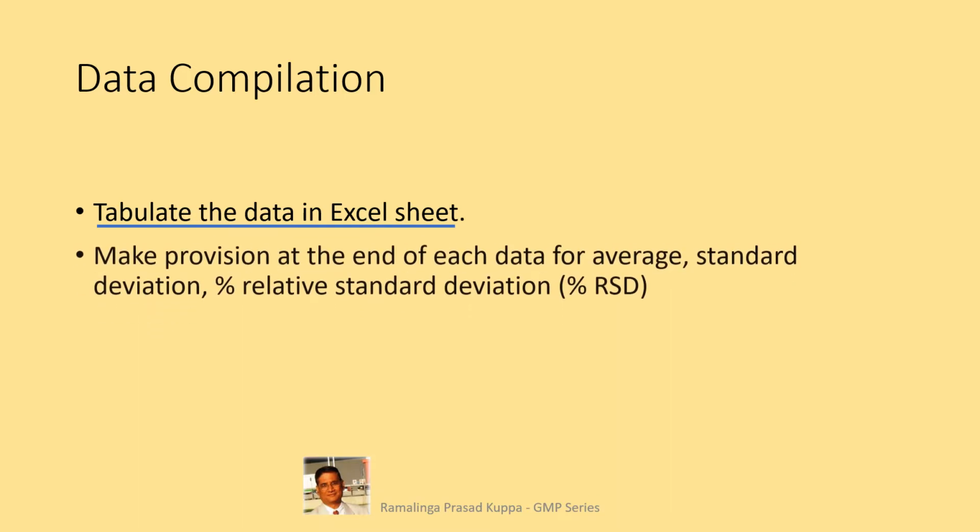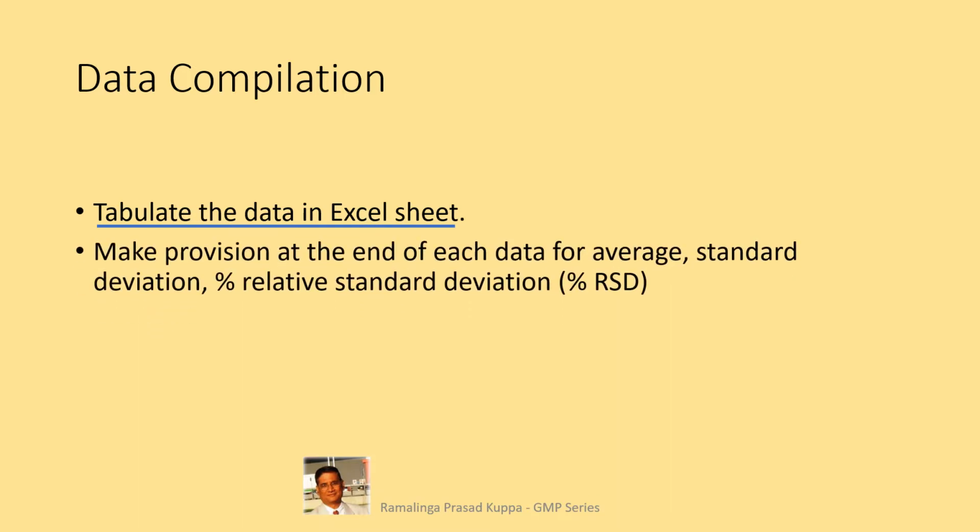Make provision at the end of each data set for average, standard deviation, and percent relative standard deviation, which is also called percent RSD. Jot down the data nicely with titles like serial number, peak identity, area counts, etc. You may add more columns and rows depending upon the data that is going to be evaluated.